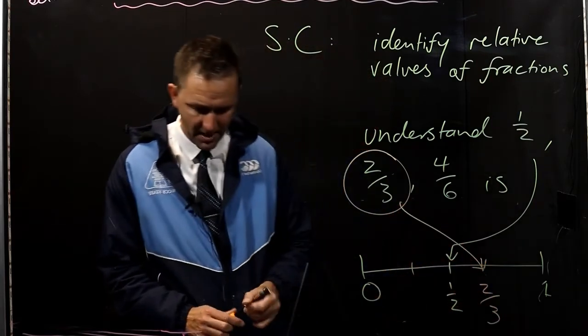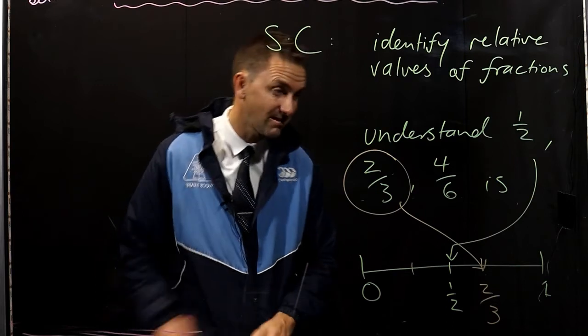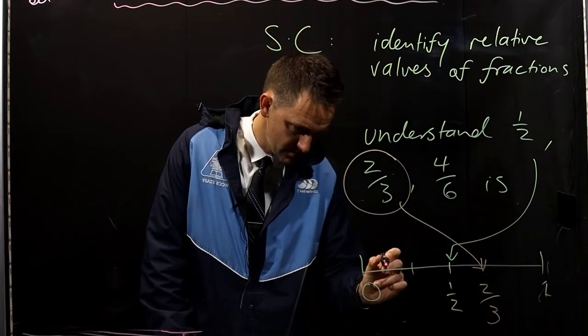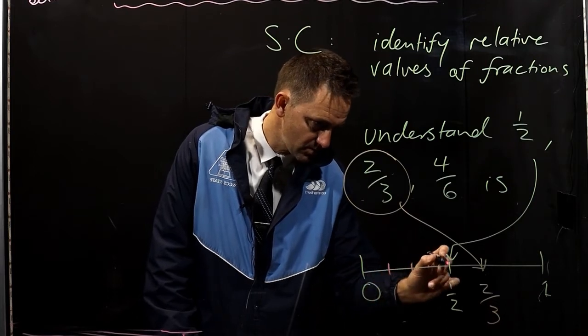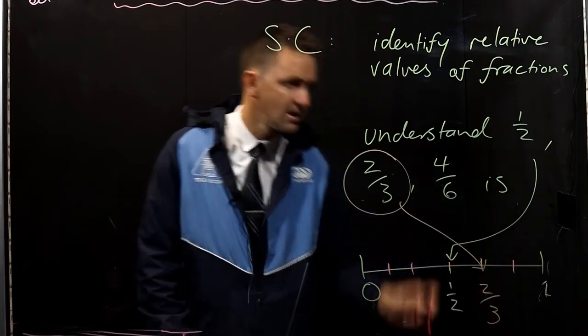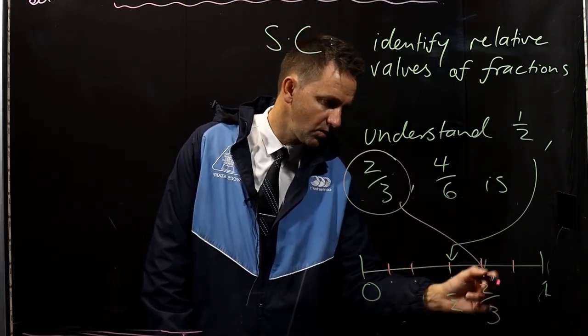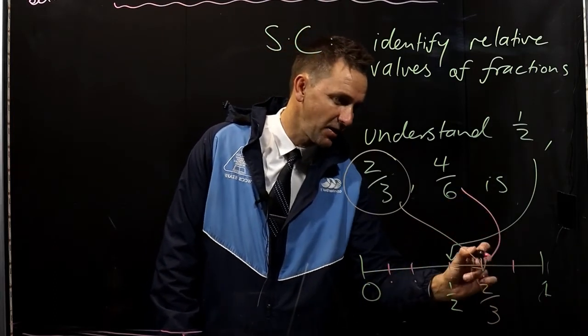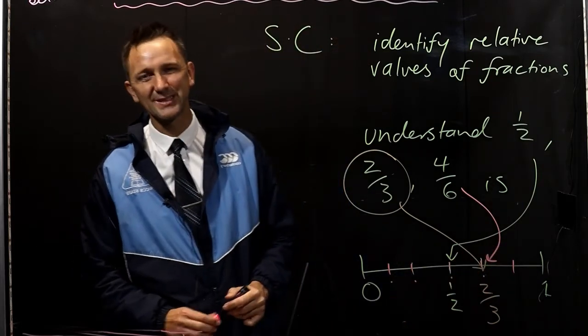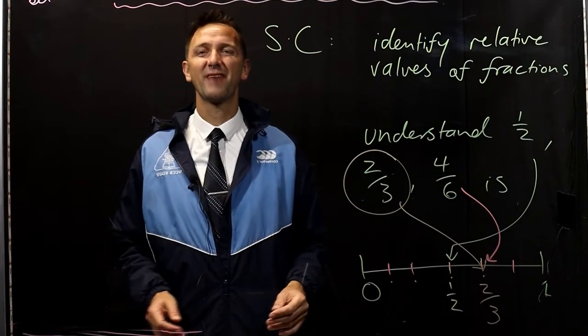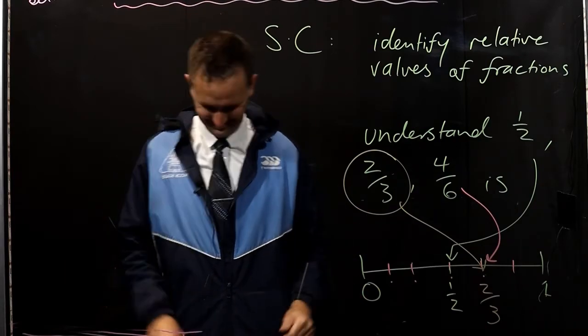And I want you to understand that 4/6, if you cut this number line into 6, 1, 2, 3, 4, 5, 6, well, 4/6 would go on the fourth one, 1, 2, 3, 4. So 4/6 is going to go on the same spot as 2/3 because they're equivalent. Okay, so we're looking at placing fractions on a number line.